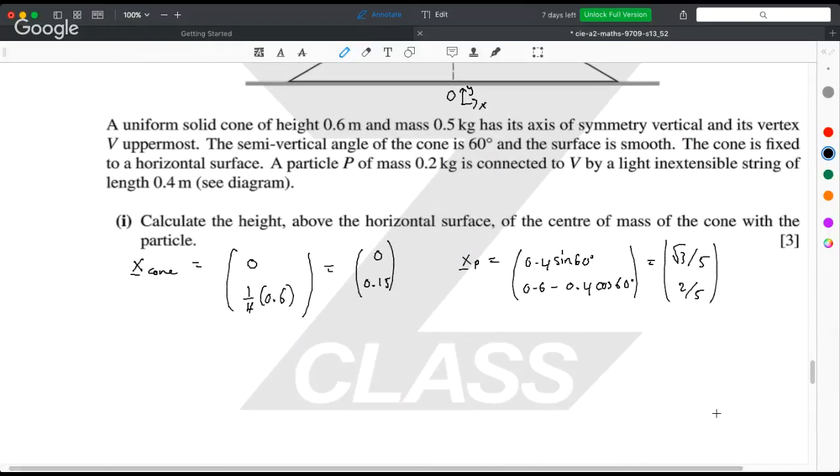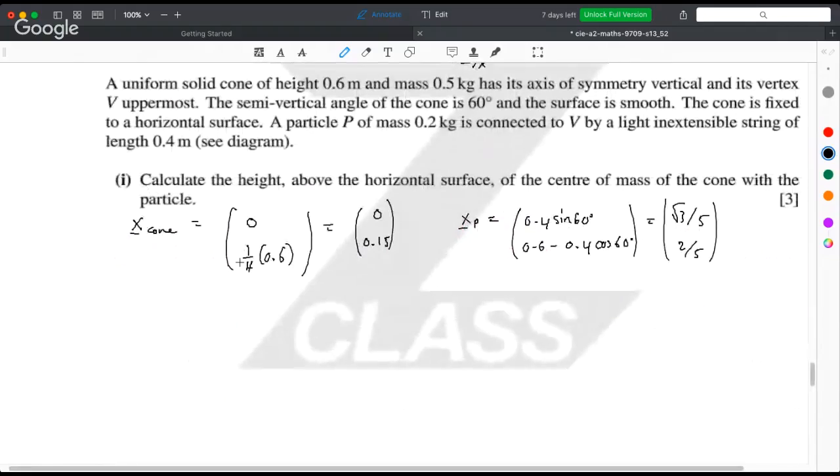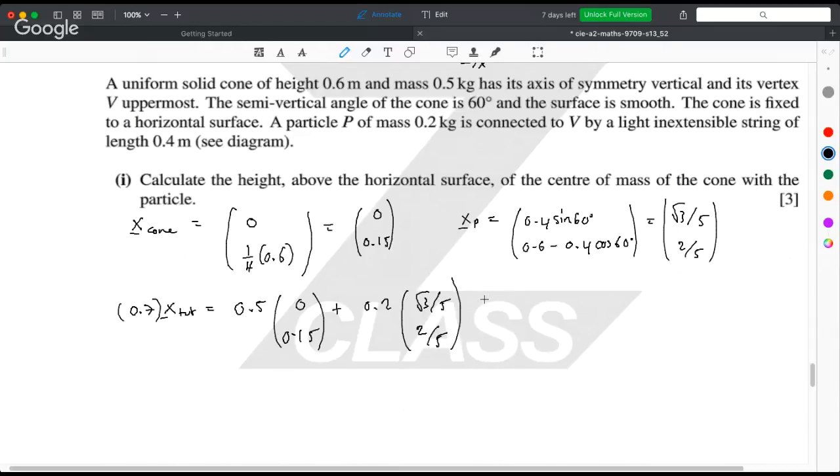Okay, so now we're going to do our sum that we had up here. For m total, the cone is 1/2 kilo and the particle is 0.2 kilos. So we have 0.7 times x total is going to be 0.5 times 0.15 plus 0.2 times root 3 over 5, 2/5. If you add these things up and divide by 0.7, you get that x total is equal to 0.099 and 0.221.